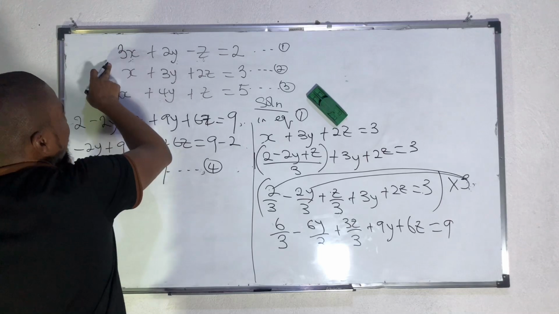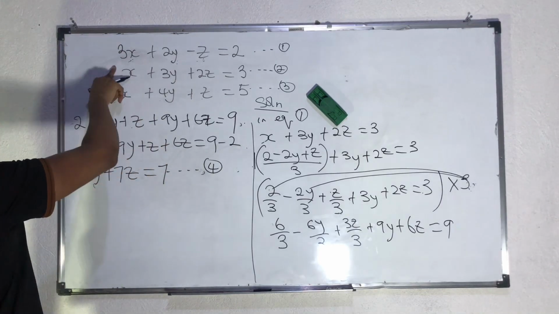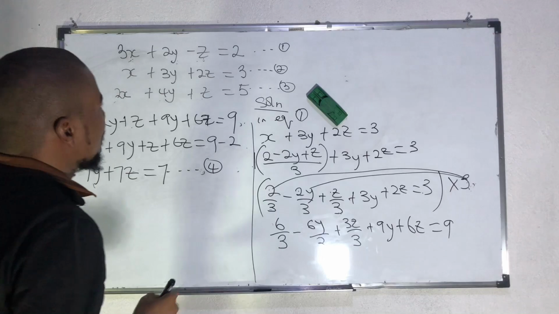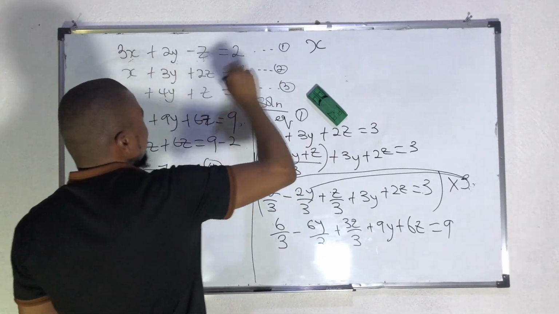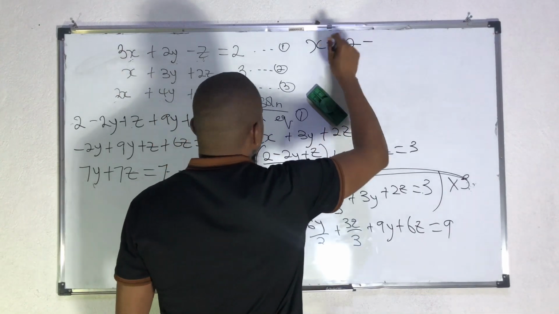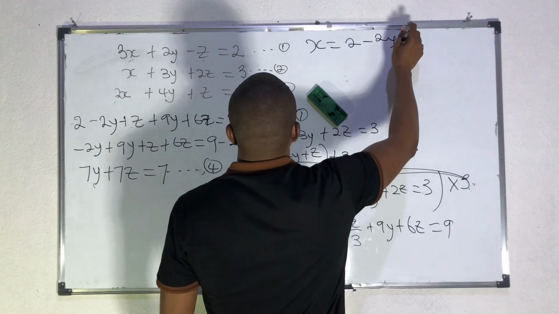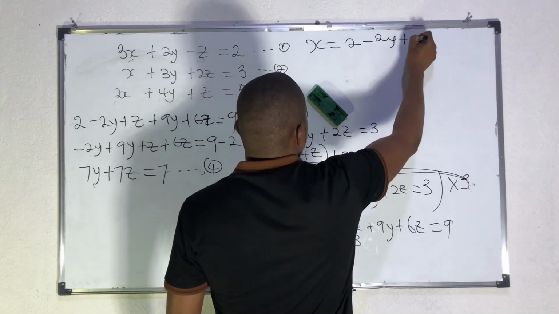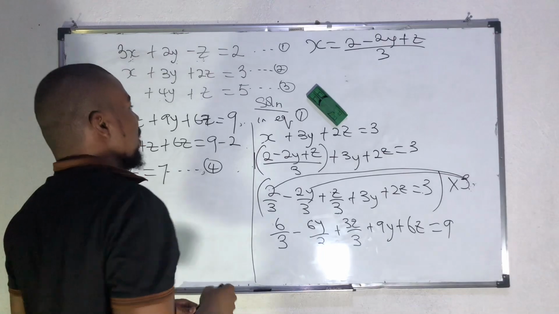Remember that we made x the subject of the formula in equation 1. And what was our x? We said that our x, as far as I can remember, is equal to 2 minus 2y plus z over 3. This is the value of our x.